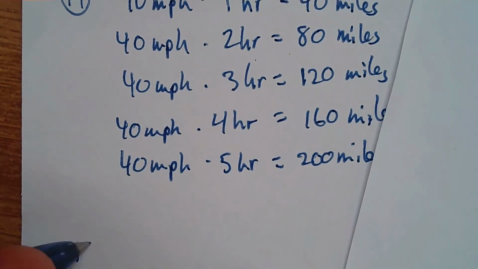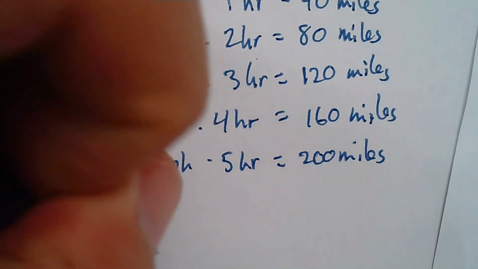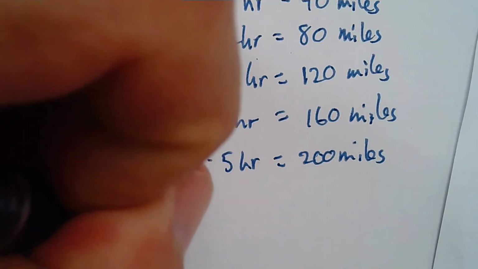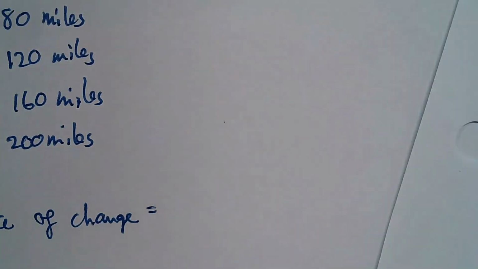So for number 15, our k, the constant of proportionality, which is the same as the constant rate of change, is equal to that 60 over 4.